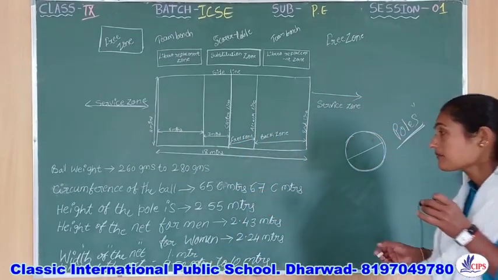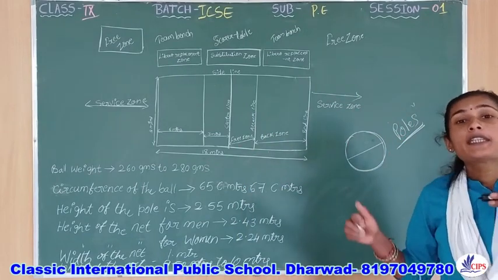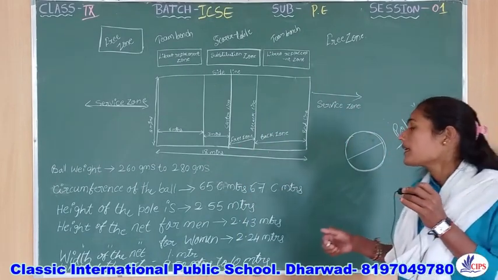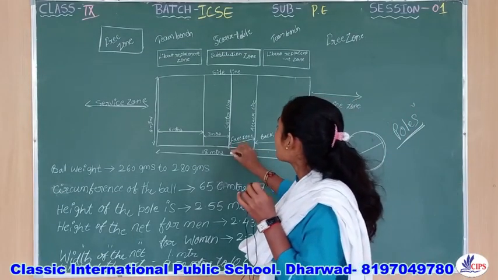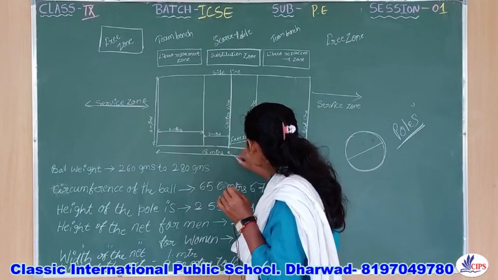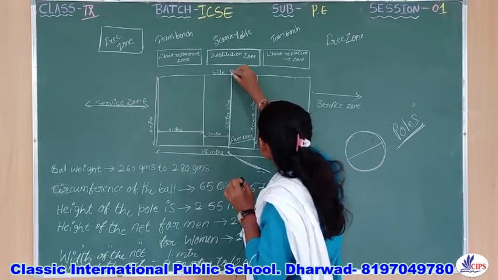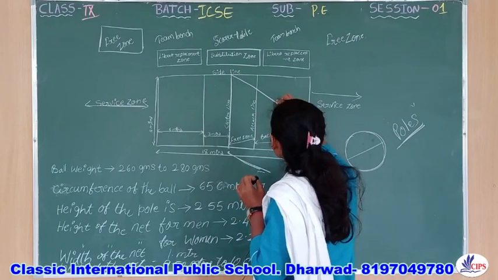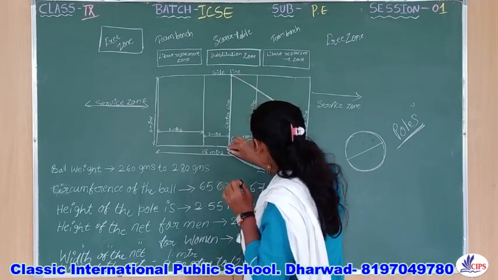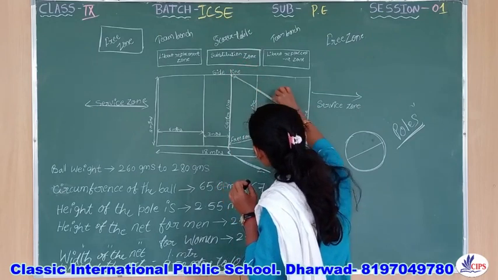Then the height of the net: we are going to tie the net to the poles. Here on the center line, the poles will be coming, on both sides, outside the center line.